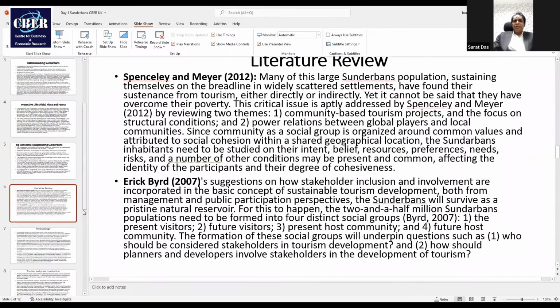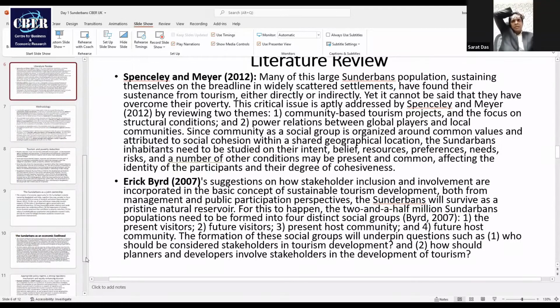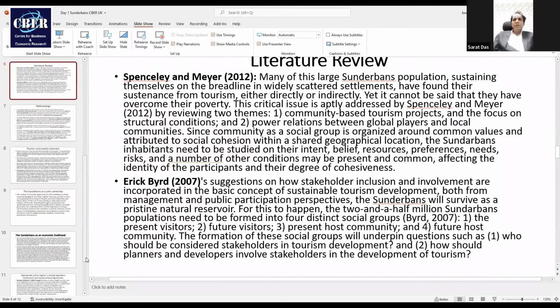I primarily looked through, scouring through a lot of literature. The two pieces of literature which really captured my attention are one by Spenceley and Mayers, and the other one by Baird. Spenceley and Mayers talk about two themes on which our entire discourse must be based.